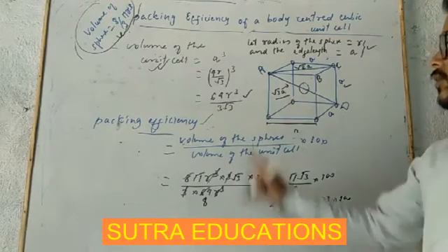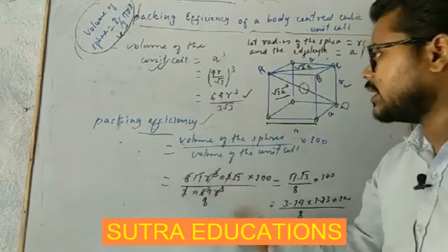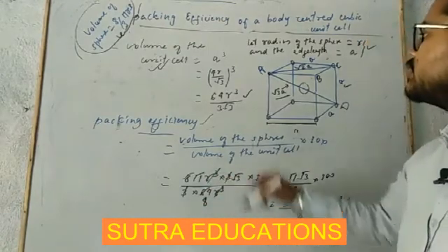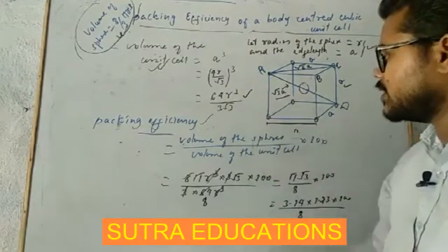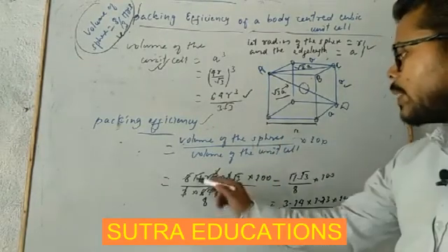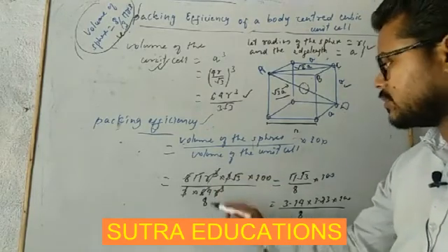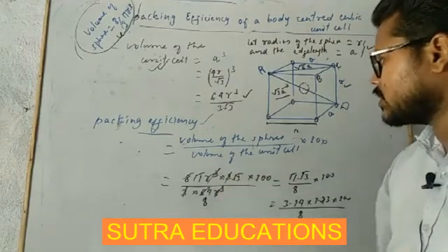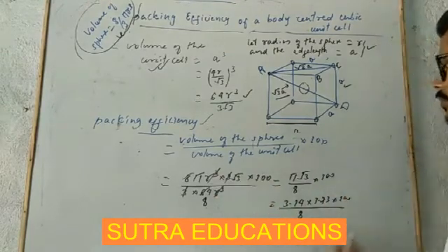got it? Volume of the sphere 8 by 3 pi r cube. So 8 by 3 pi r cube upon volume of the unit cell, it is 64 r cube. 3 root 3 will be shifted in the numerator into 100. Okay, 3 got cancelled, 8 8s are 64. Okay, r cube got cancelled. So we have pi root 3 upon 8 into 100.